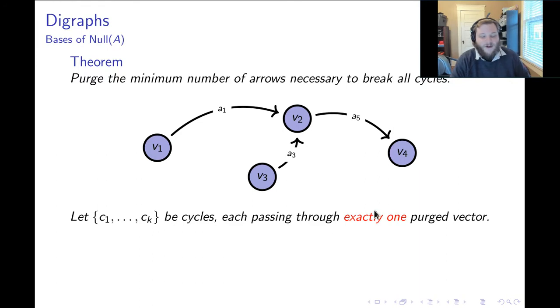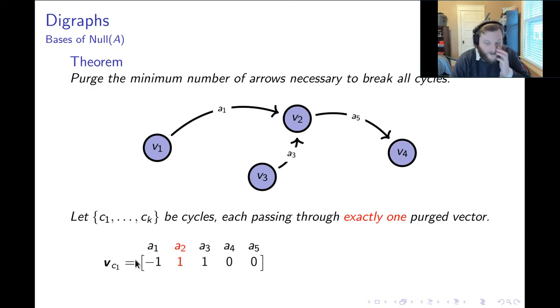Now, here's what we do. For each one of those vectors we just removed, let's think of a cycle that would have passed through exactly one of those vectors. So here we just purged 2 arrows. So let's think of a cycle that would have passed through one of those vectors.